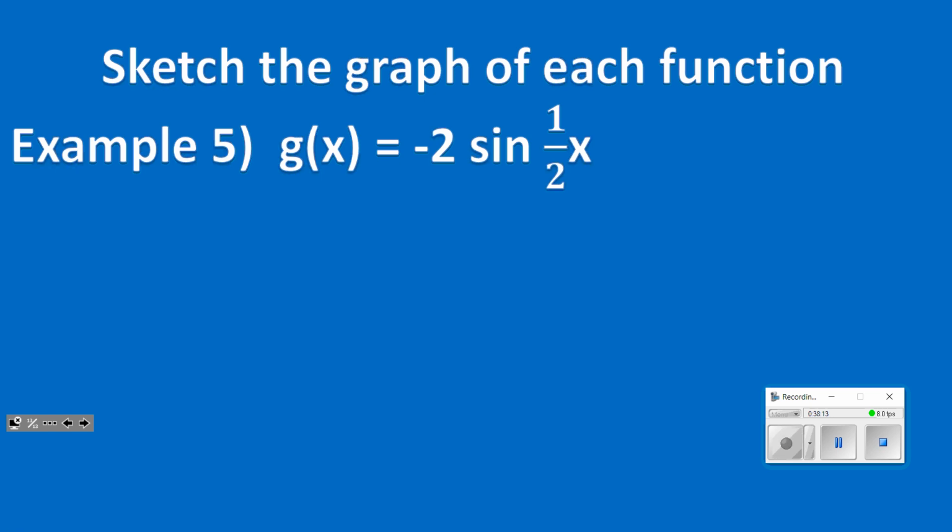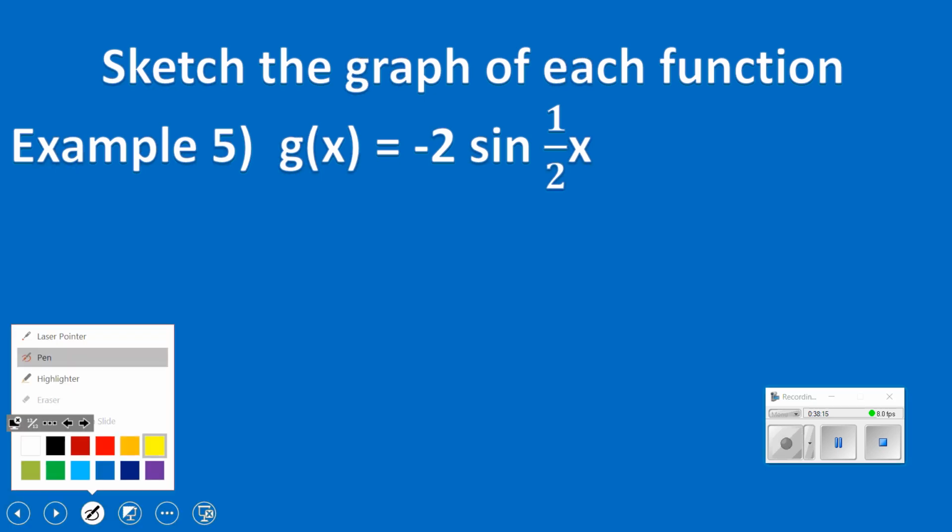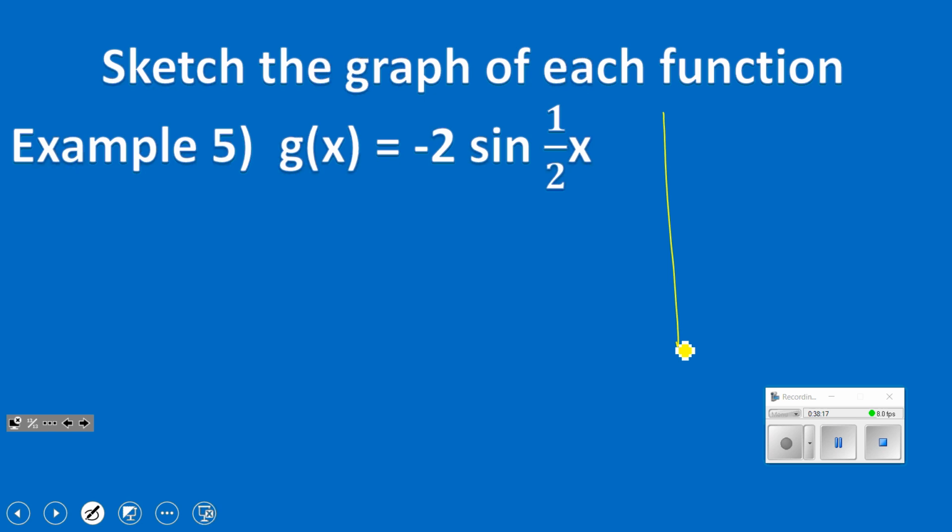So if we look at our basic function of sine, sine's different than cosine, so I want to make sure you remember. We did a bunch of examples on cosine. Sine starts at 0. If I just did a couple key points, pi over 2, pi, 3 pi over 2, and 2 pi, that's your basic.